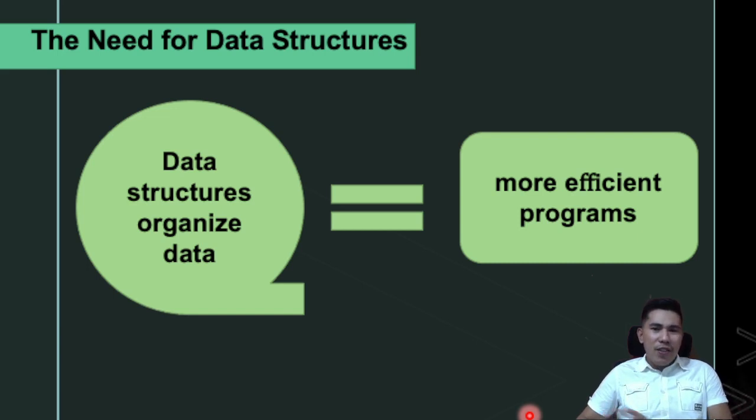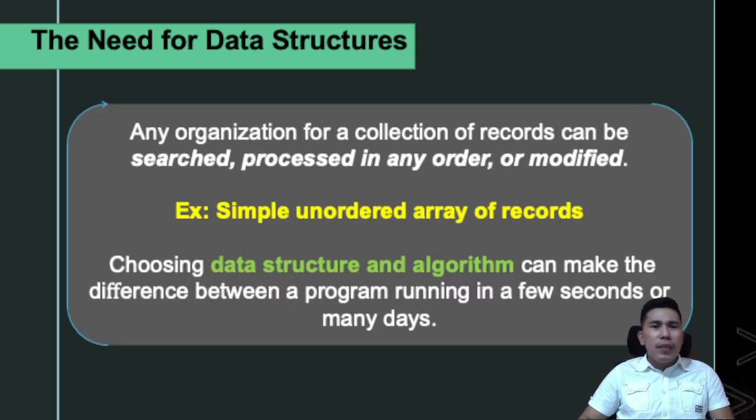So basically, a data structure is primarily concerned with efficiency. The more organized our data is, the more efficient our programs can be. Another point: with enough space to store a collection of data items, it is always possible to search for specific items in the location, print or process data items in any desired order, or modify the values in any specific data item.